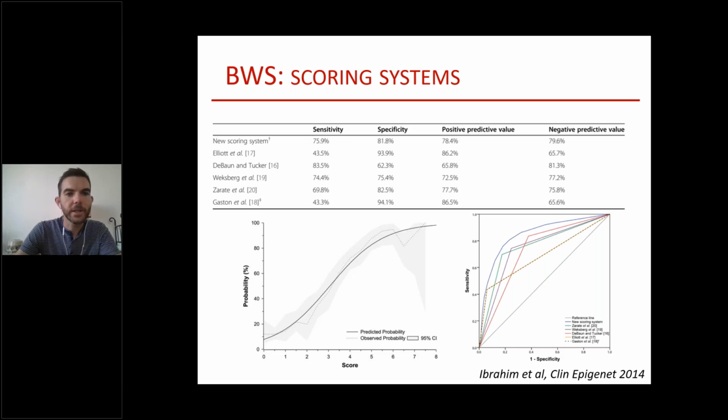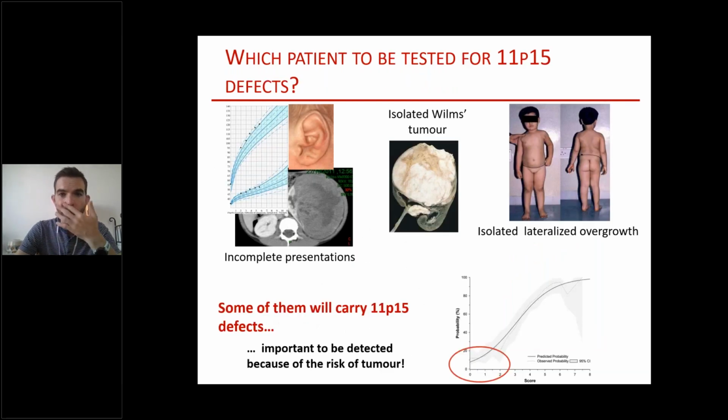Our colleagues in the UK proposed a new scoring system, but I won't go into details for the scoring system, because I will show you that very recently we proposed a new scoring system that we established during a consensus meeting. Because the question of a scoring system is which patient should be tested for 11p15 defects.